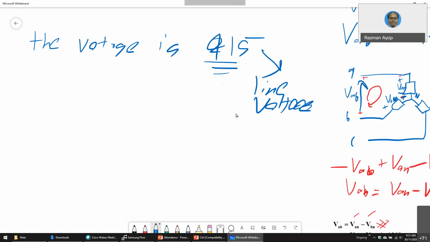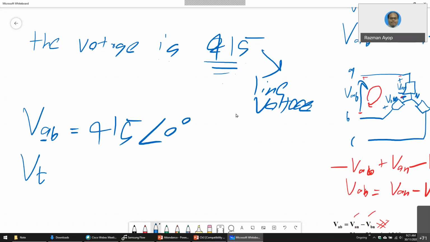To do this, you need to write VAB equals 415 angle 0. Remember, for A, you always assume the angle is 0.